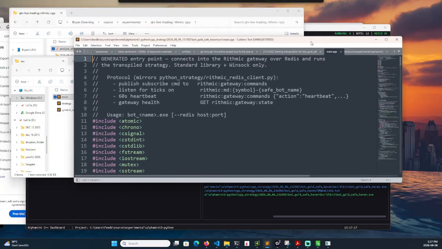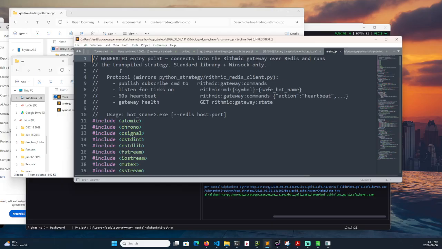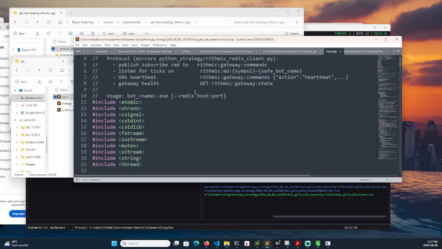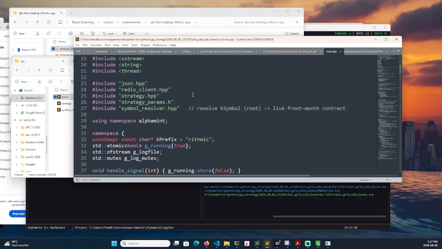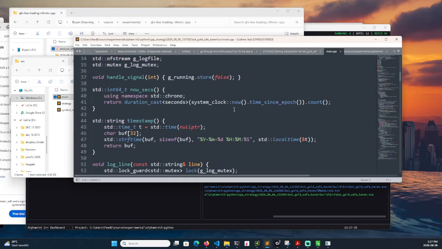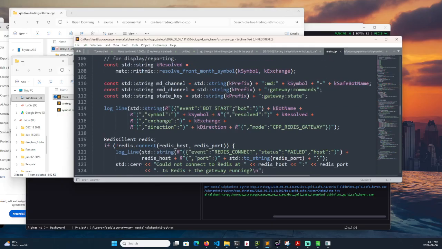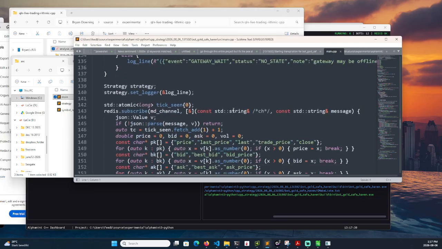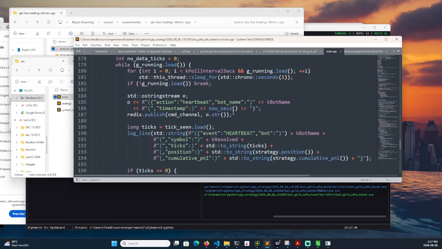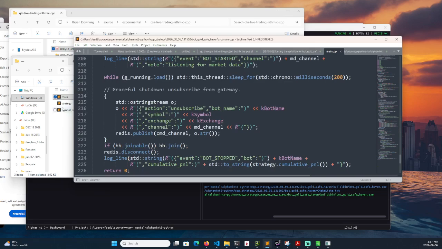Okay. So in here, entry point connects into the Rhythmic gateway over Redis and runs the transpile strategy also. So what we have here is all the different Rhythmic stuff, and there's the main program. It's pretty good. Now I use Redis because it's more stable than WebSocket.